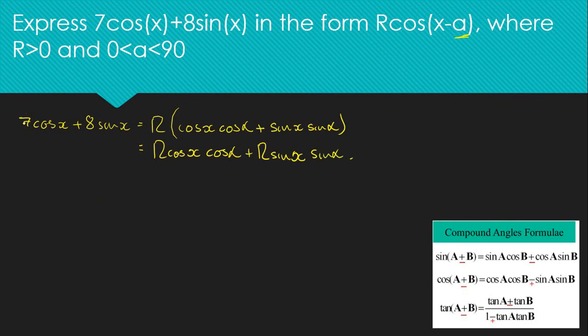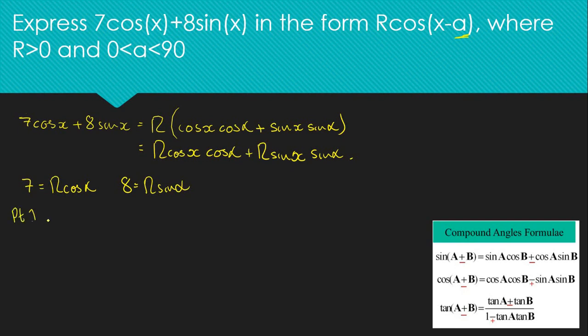Now by comparison you can see that 7 goes with cos x, and R cos α goes with cos x, and so therefore 7 must be equal to R cos α, and 8 must be equal to R sin α. Remember that from the previous lesson.